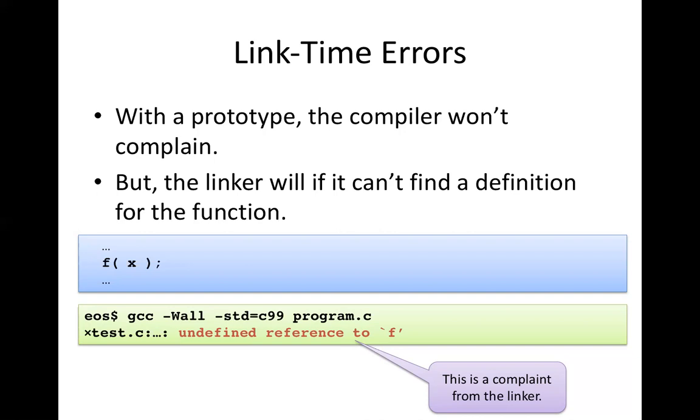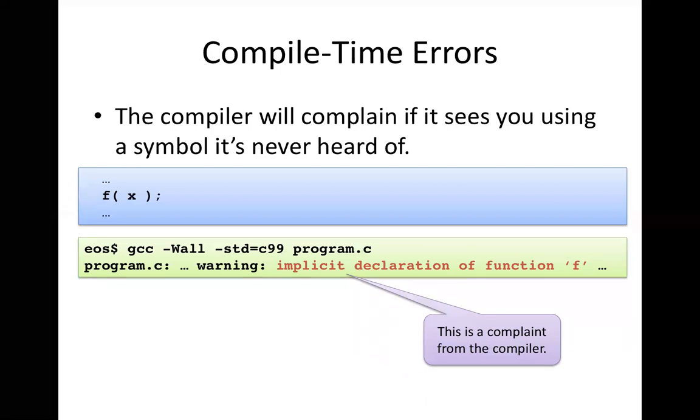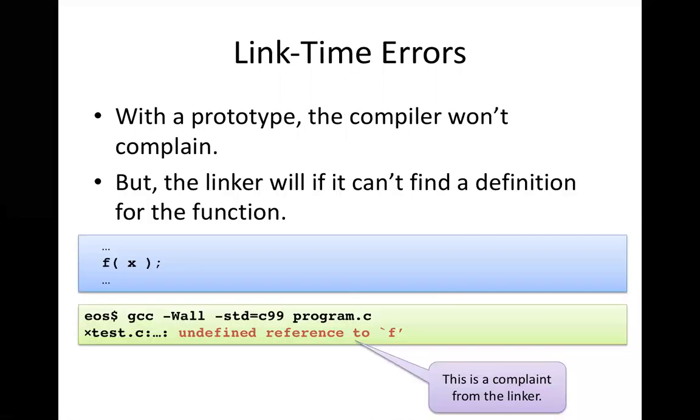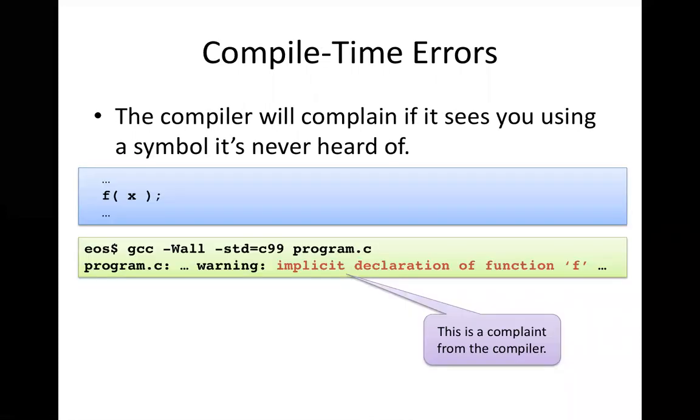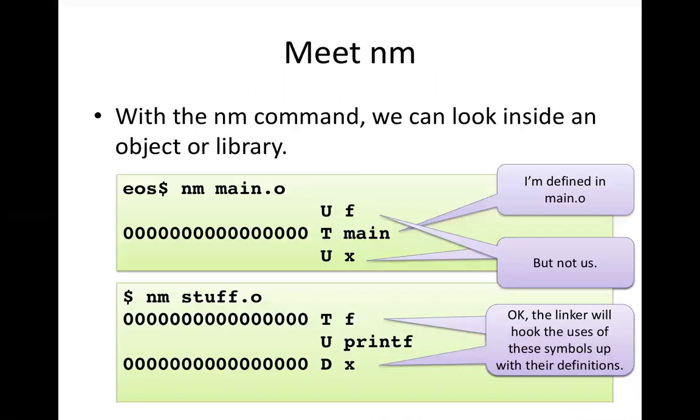So backing up a slide or two, here I'm just trying to show an example of a difference between a compile time error, something the compiler might complain about if you try and use a thing that it's never heard of before, versus a link time error.